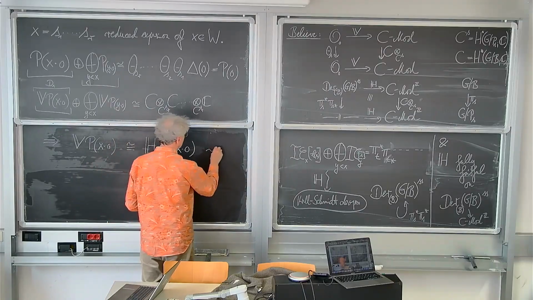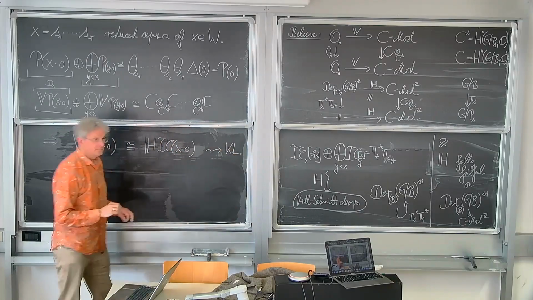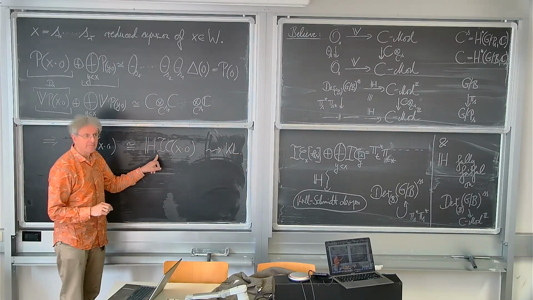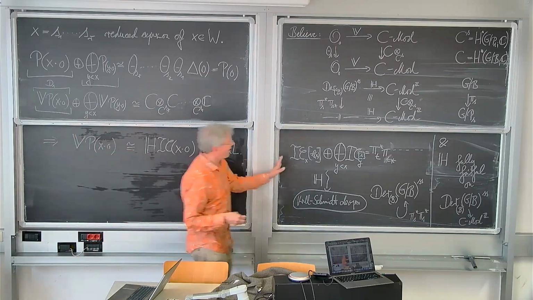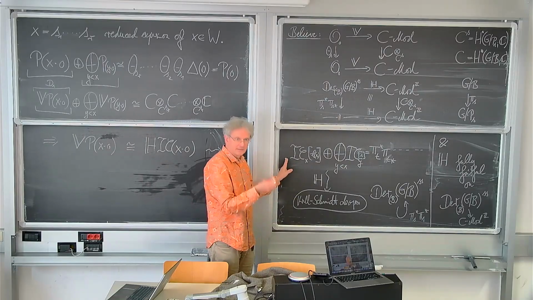And this gives us a proof of the Kazhdan-Lusztig conjecture, because these intersection cohomology complexes we know sufficiently well. We know, in fact, how this decomposition works combinatorially.